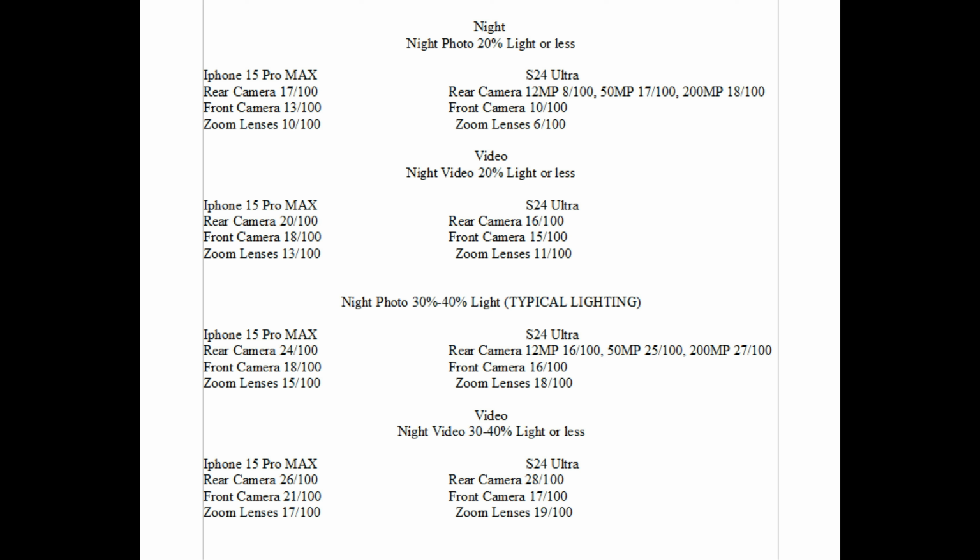So video, similar issue. Nighttime video 20% light or less. Now 30 to 40% light is typical lighting condition when you're in your home or in the office or when you go to a store. The scoring is as such as I gave you, and also the S24 Ultra performs slightly better than the iPhone when there is sufficient light.